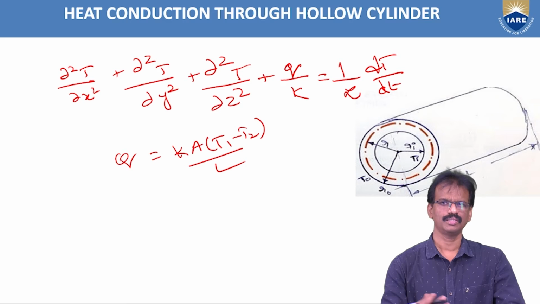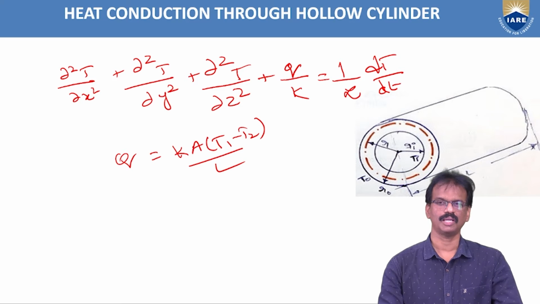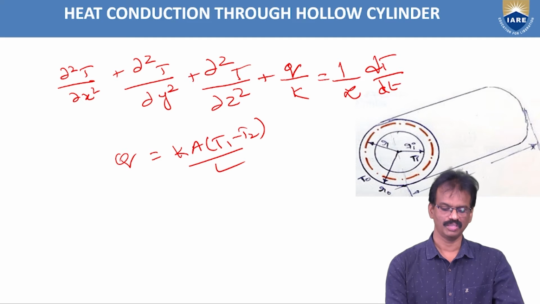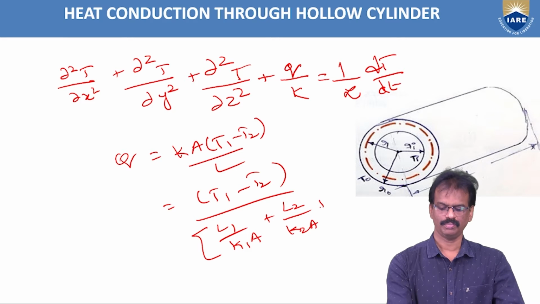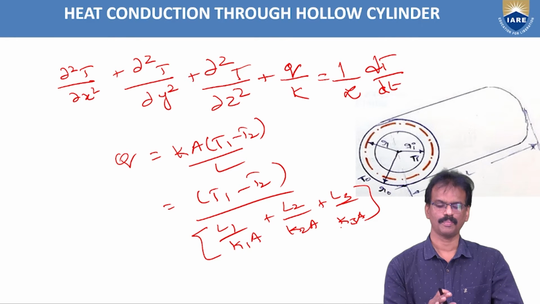If there are more slabs, that is, for composite slabs, we also derived the formula in previous classes: Q = (T1 − T2)/(L1/K1A + L2/K2A + L3/K3A) for three layers.